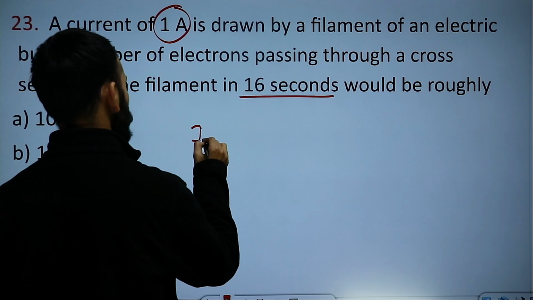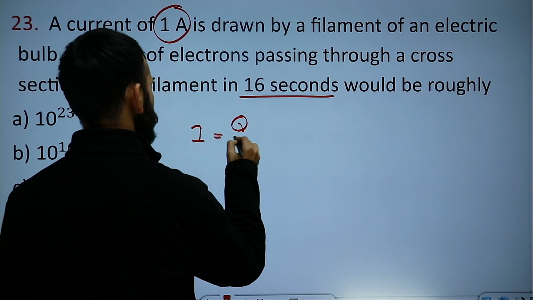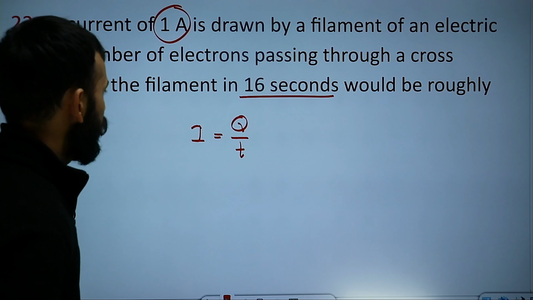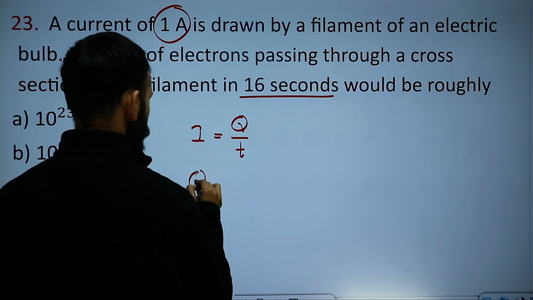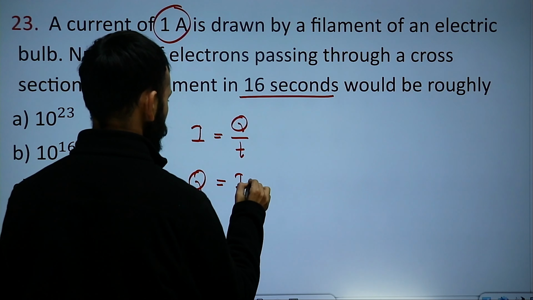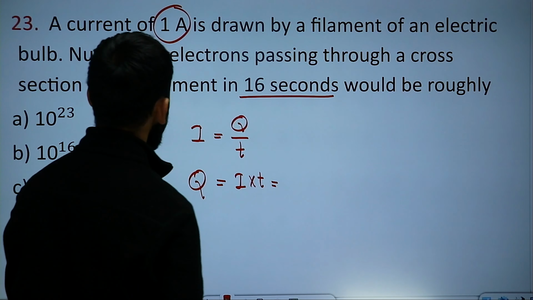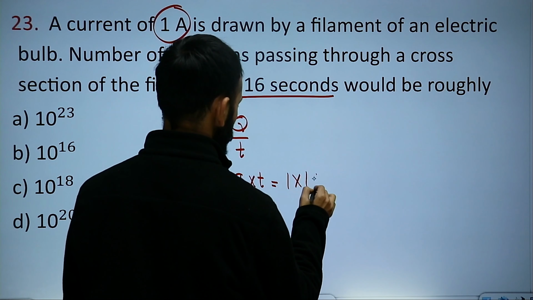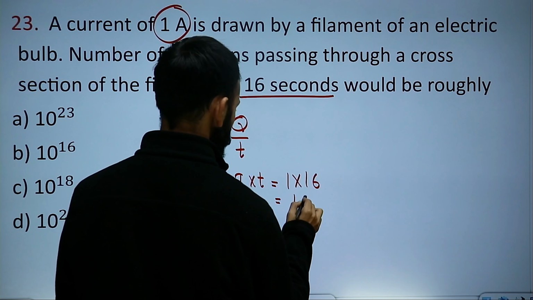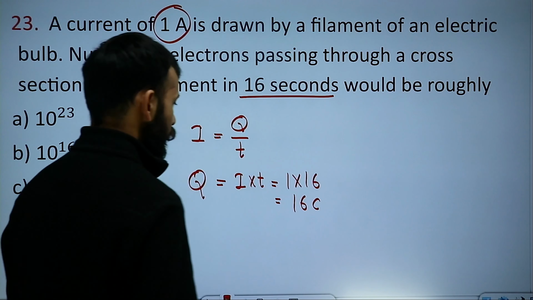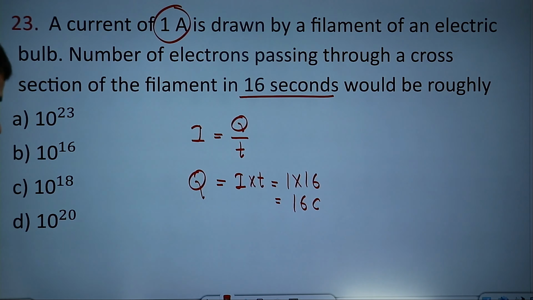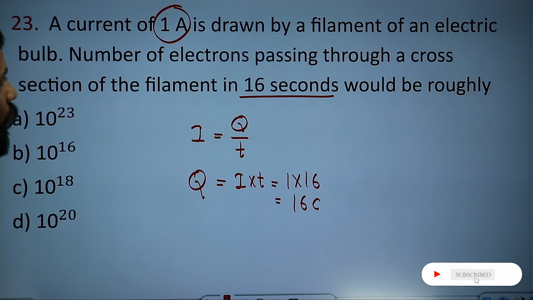We know that current is charge per unit time, so charge can be written as I into T, with current 1 ampere and time 16 seconds. So 16 coulomb charge will be passing through this particular filament, and we have to find this roughly in number of electrons.